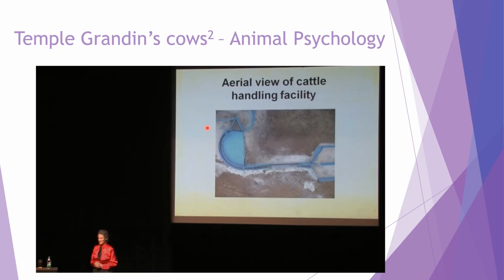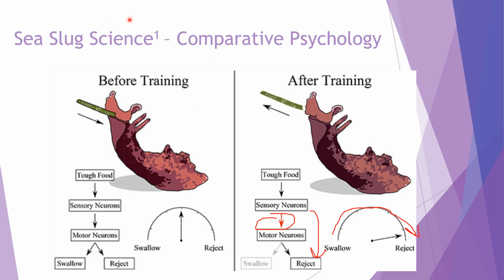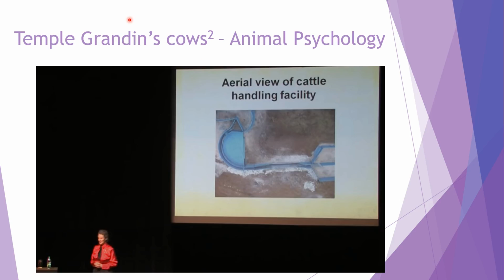So if they're going to be moving around an area, they would prefer to move in a circle for lots of different reasons. And if you want to learn more about that, I've got extras information here at the end of the PowerPoint. This is number 2, and a little bit more about comparative psychology if you want learning about that, number 1, at the extras at the end of the PowerPoint.